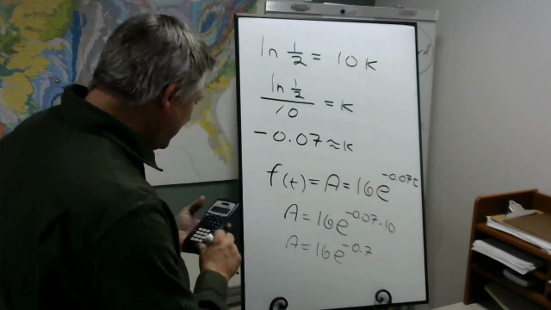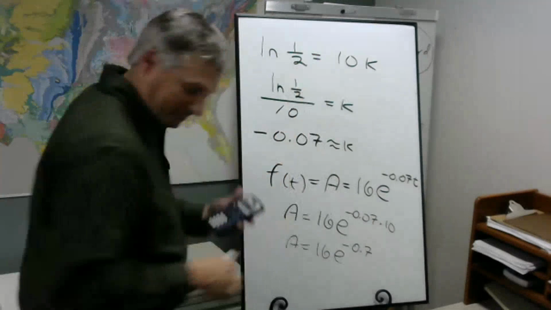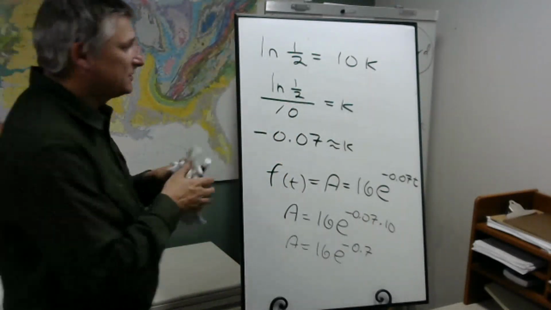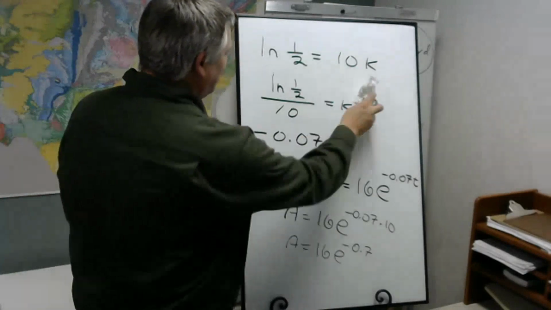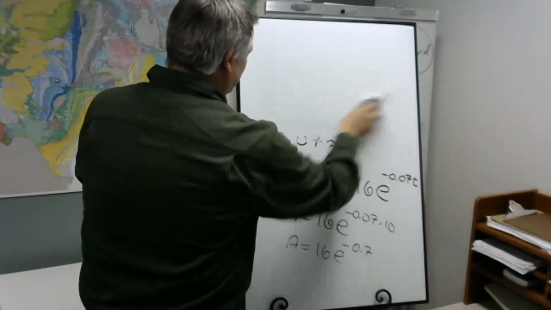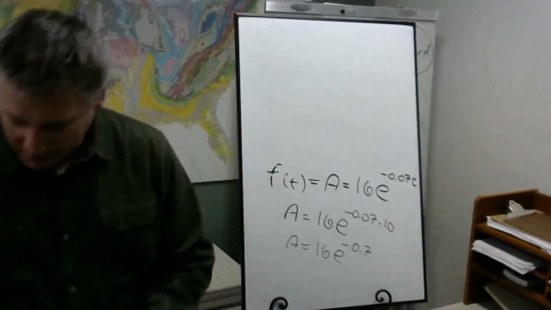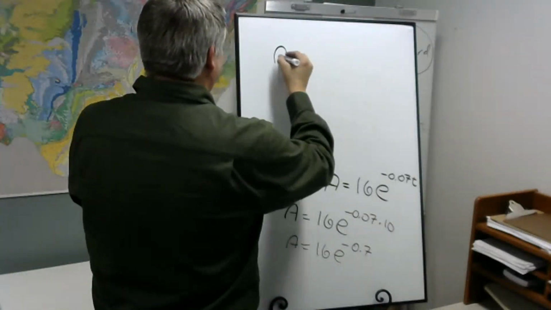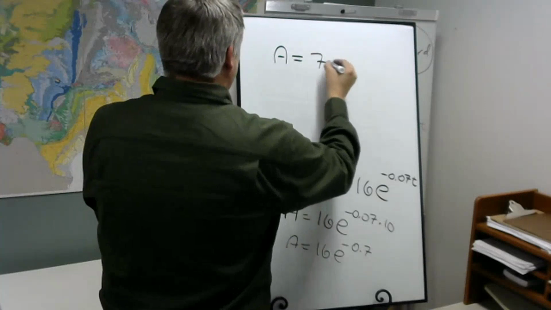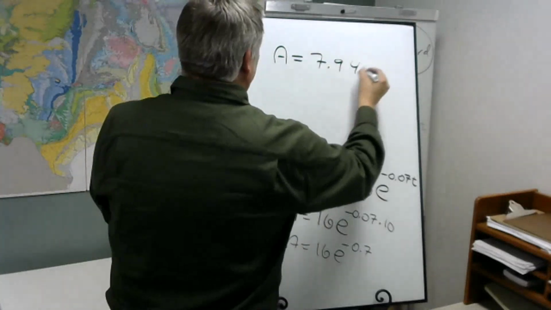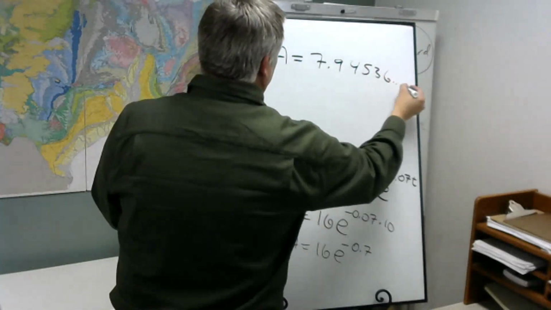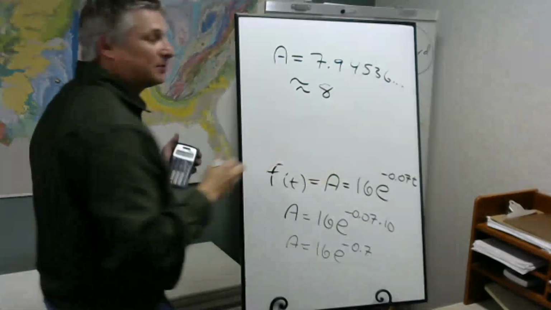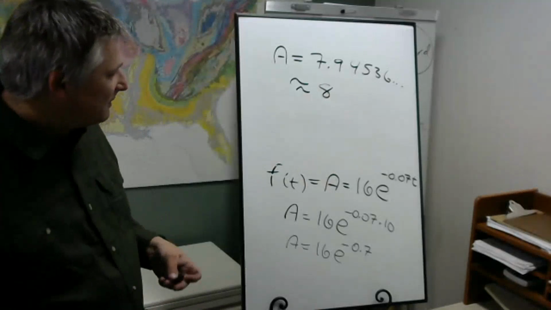And it comes out pretty close. And again, it's not going to be exactly 8 or half of 16 because again, we rounded this off. But it tells us that our formula is working. It's working well enough. So we get an A of 7.94536, which is about 8. It's pretty close to 8 grams. All right.